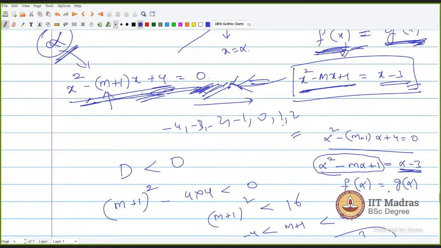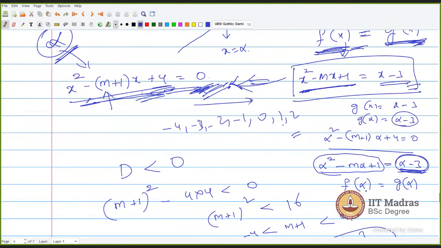I can write this function alpha minus 3 as g of alpha. This is nothing but when I substitute alpha in my function g of x, I will get alpha minus 3. Just substitute alpha, so I can replace this alpha minus 3 as g of alpha.